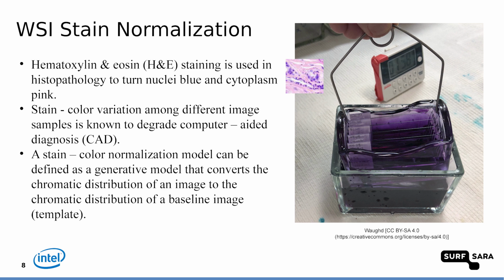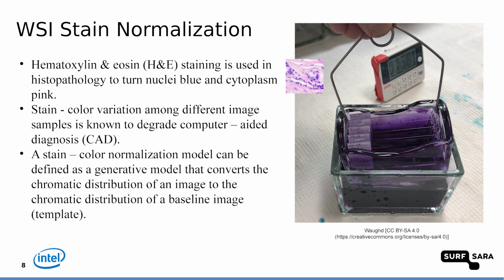They use this staining to outline things from the biopsy, like cells and nuclei of cells and the cytoplasm of cells. So this is a cell-level visualization, basically. And because this stain color is varying, not all labs are born the same. So the staining is different. This puts a lot of pressure on the learning algorithm.